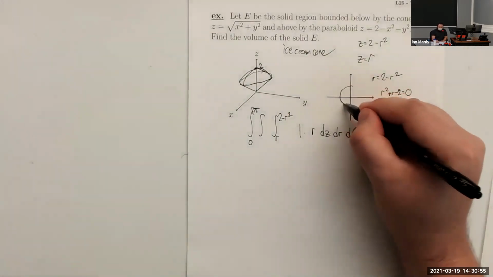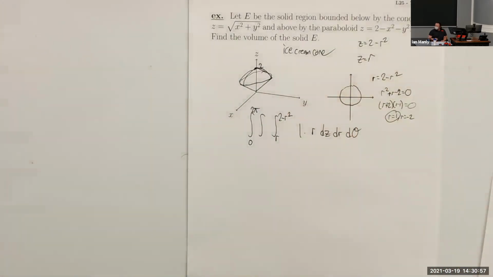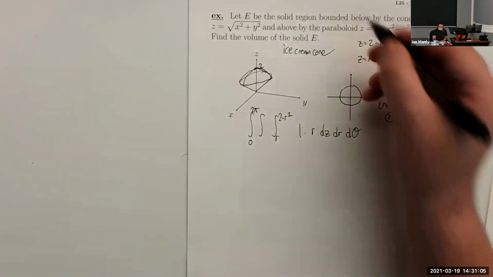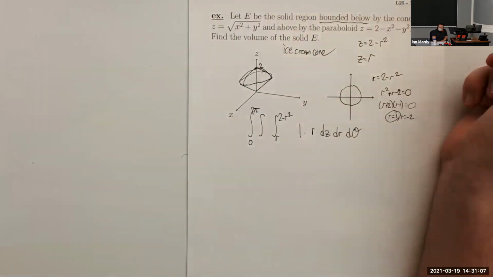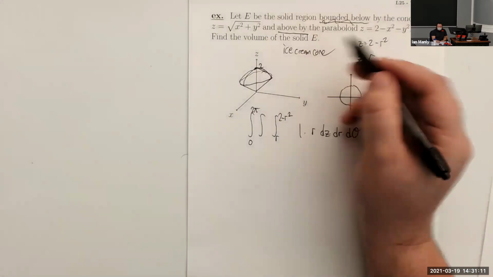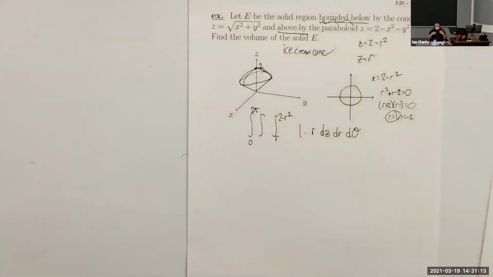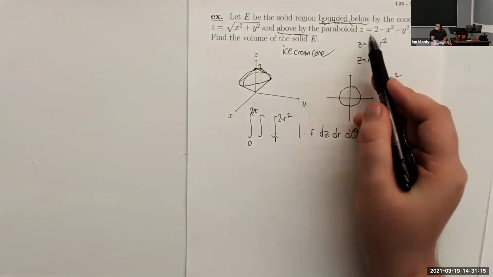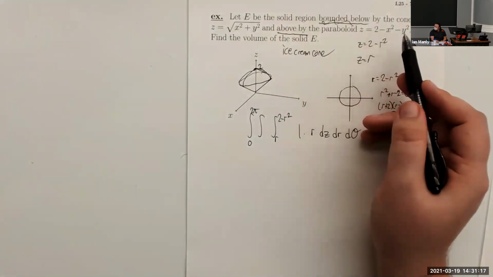And the equation r equals 1 is, of course, the unit circle right here. Why is r below 2 minus r squared? Because we're bounded above by this, meaning that our shape is below that. So we have z is 2 minus r squared.